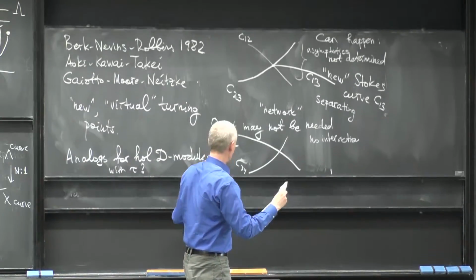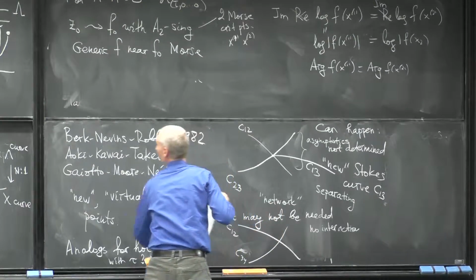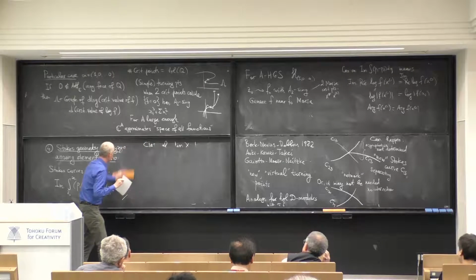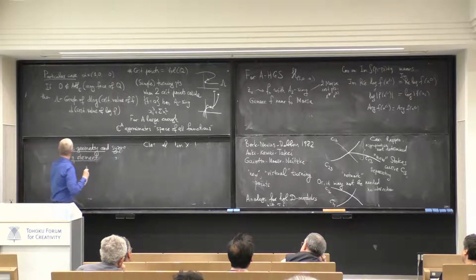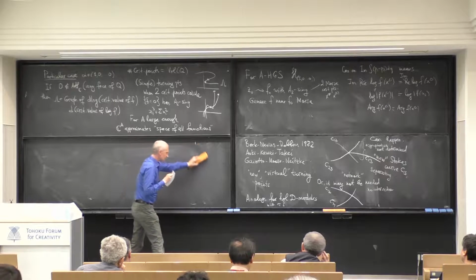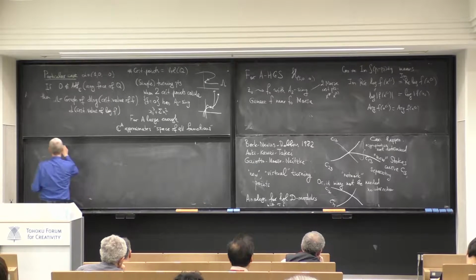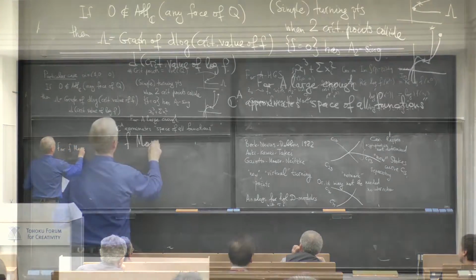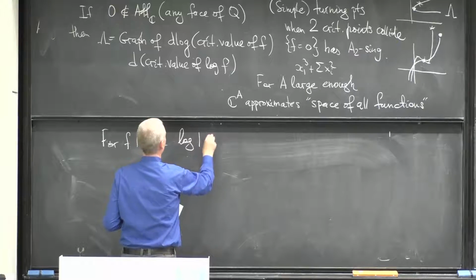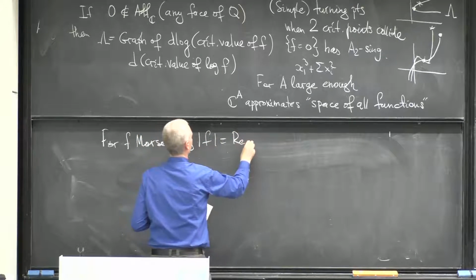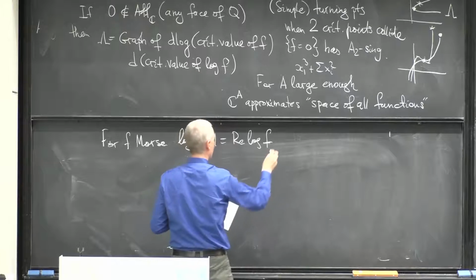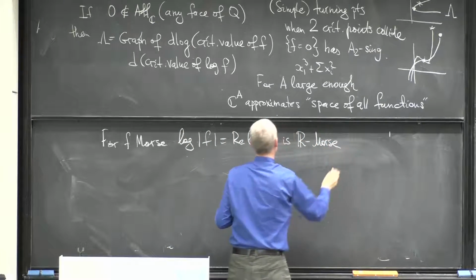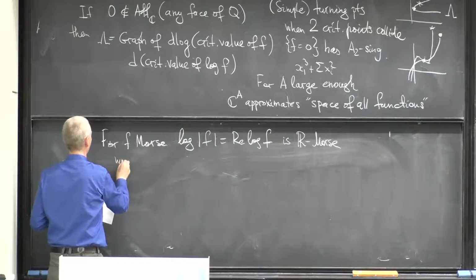So then the wall, what really happens is that generically, for f Morse, the logarithm of the absolute value of f, which is the real part of the logarithm of f, is again a real Morse function with all critical points of the same index.